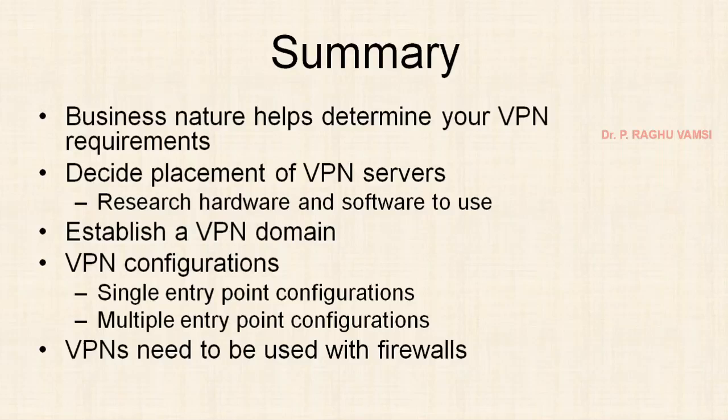And with respect to parameters such as availability, reachability, reliability, and scalability, these are the properties you need to look for. Depending upon the number of employees who will operate, and whether you want site to site or site to client, the design has to be done accordingly.